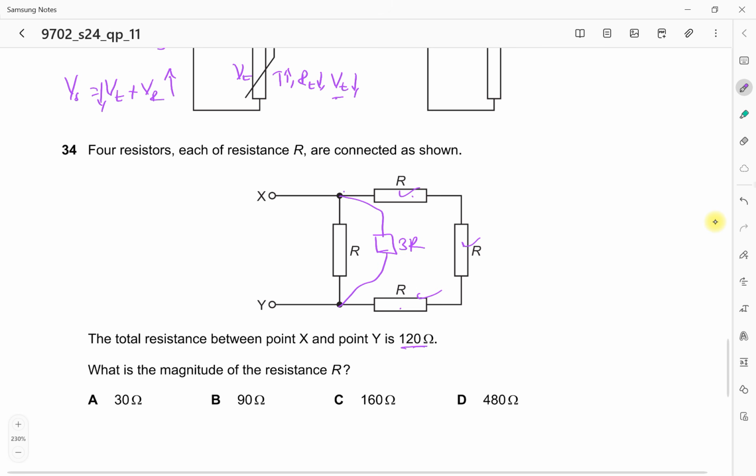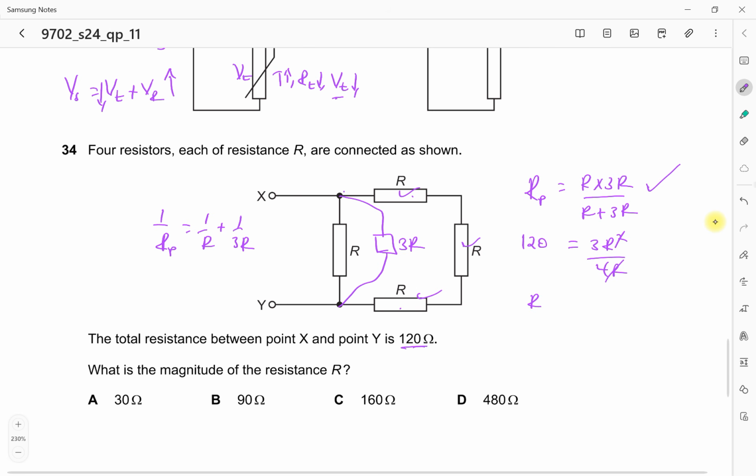Now 3R is in parallel with R, so total resistance in parallel is going to be the product, which is R times 3R, over the sum, which is R plus 3R. If you're an amateur, you can say 1 over R in parallel is equal to 1 over R plus 1 over 3R, but this is the same as this here. So they said total resistance is 120, so I'll say 120 is equal to 3R squared divided by 4R.